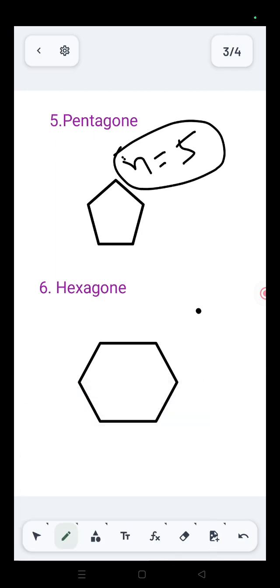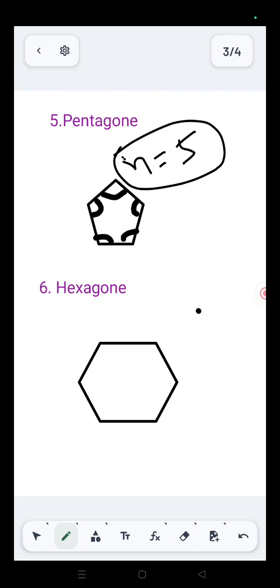So it is called a regular polygon. These are the regular pentagon.